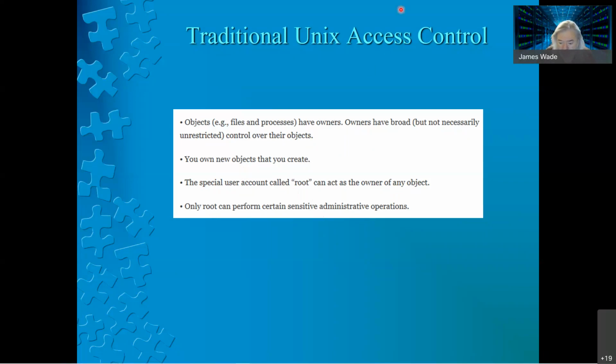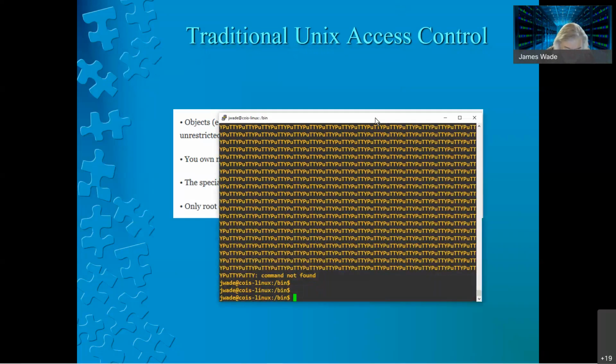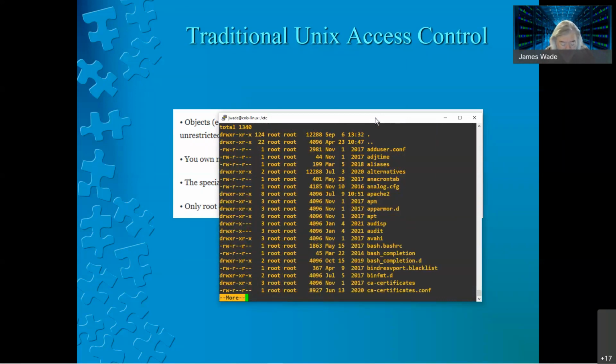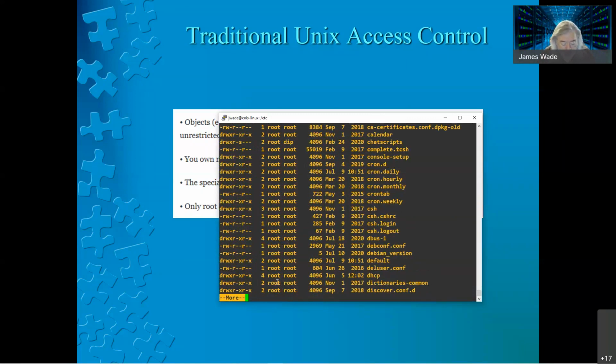If we go back to PuTTY, and by the way, sometimes when you cat that file out, it won't let you type in legit commands. If we go to the etc directory, which we know is where a lot of the configurations for our Unix system are, if I do an ls minus al and pipe it to more to page it, notice all of these files, who are they owned by?